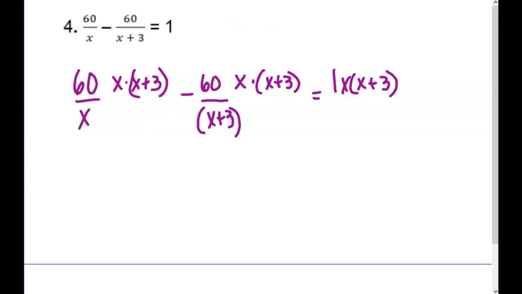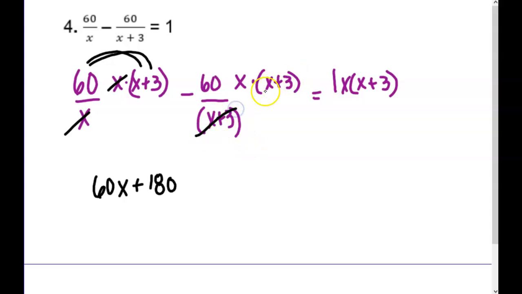Can anybody tell me what remains after we simplify? What do we need to do here? Distribute a 60 through an x plus 3. So I got a 60x plus 180. That's a big number. Sounds like I'm in geometry. The x plus 3's cancel here. So I just have a minus 60x. Oh, that's handy.